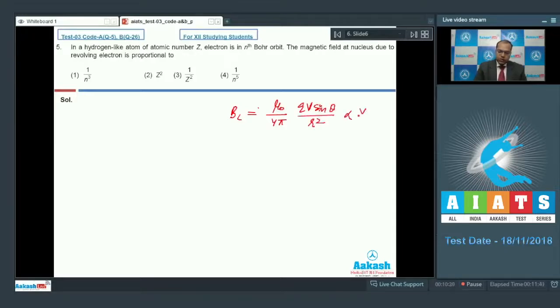So B is proportional to v upon R square, and from the Bohr model of a hydrogen-like atom, v is proportional to Z by n, and R is proportional to n square by Z. So B is proportional to Z cubed divided by n raised to the power 5. Let's check the options. So it is inversely proportional to n raised to the power 5. So option 4 is the correct answer.